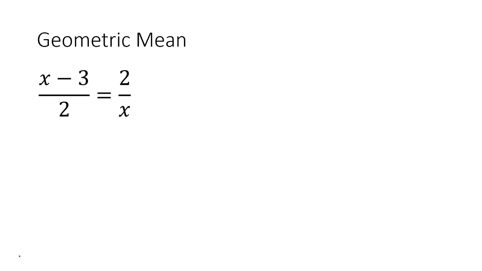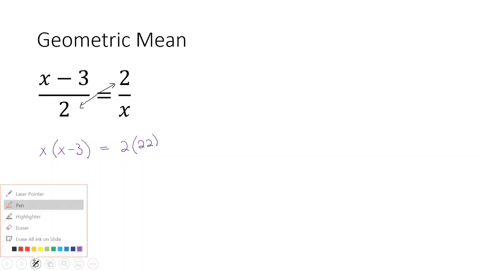Here's another geometric mean, a different type of geometric mean. You can see here that there's a 2 and a 2, which causes this to be a geometric mean. And so we'll do the same thing that we did on the last slide, and we're going to cross multiply. So we're going to get x times x minus 3 equals 2 times 2.